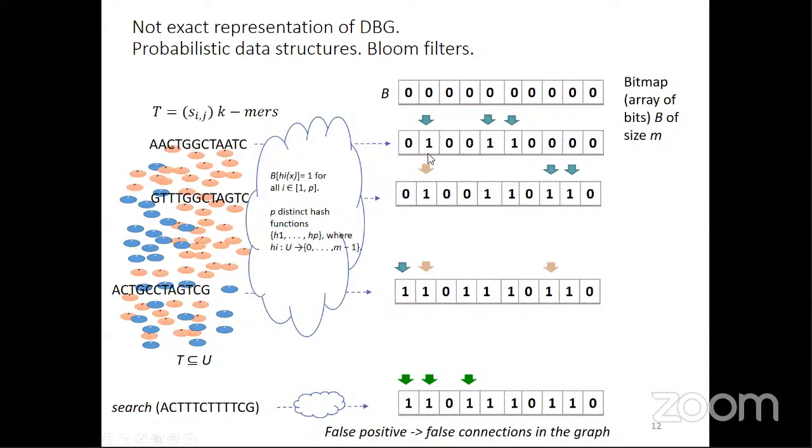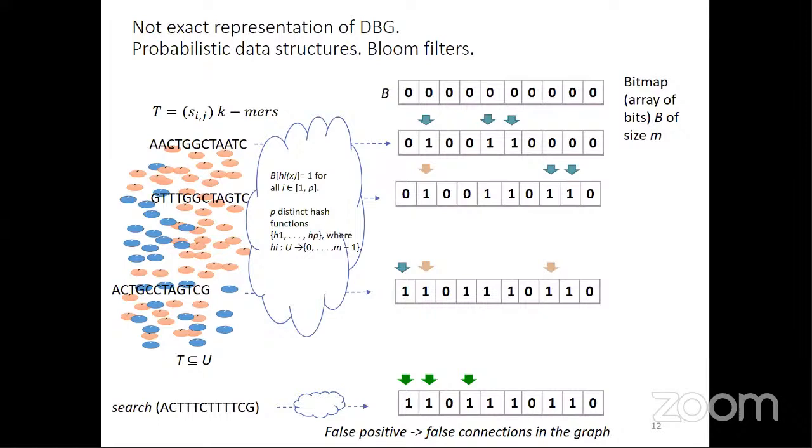Initially, all bits of P are set to 0. An insertion of an element is done by setting the bits corresponding to each hash function to 1. This approach has the disadvantage of having false positive nodes as a direct consequence of false positives in the Bloom filters, which can create false connections in the graph.